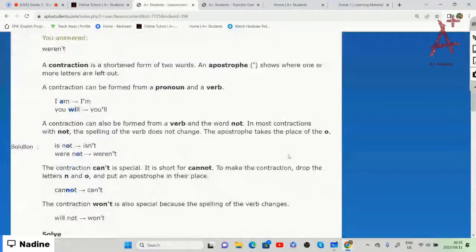It becomes a shortened form, can't. Can't is two words that we put together, a contraction made from the word cannot.